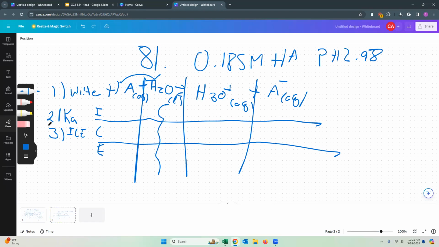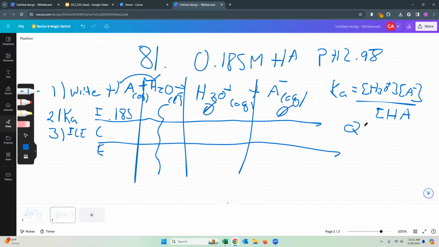Liquid we don't care about. Oh, I forgot step 2, your Ka, right? Ka equals H3O plus multiplied by A minus over HA. So our initial concentration is 0.185, 0, 0.